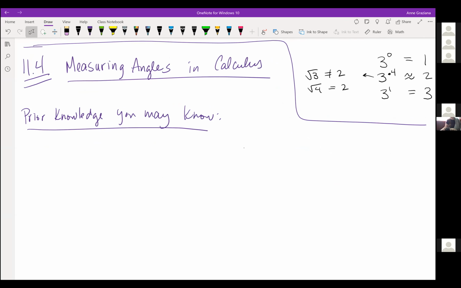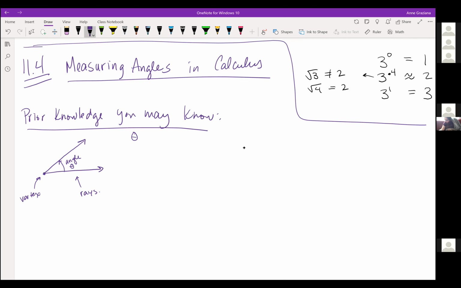Hopefully I'm not traumatizing anybody, but an angle is composed of things called rays, okay? And they meet at a point, which is a vertex. So we have a vertex, and these things are called rays. The distance between those two rays is your angle. And we use a lot of symbols like theta.